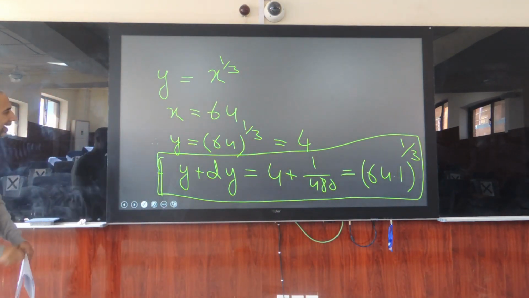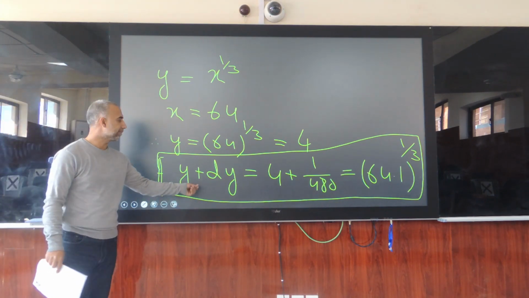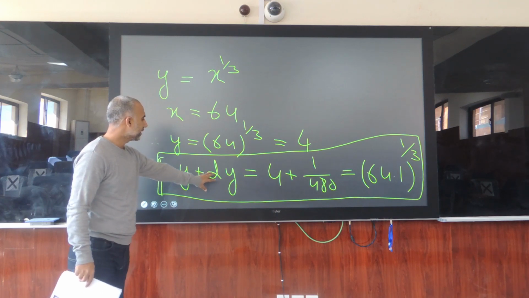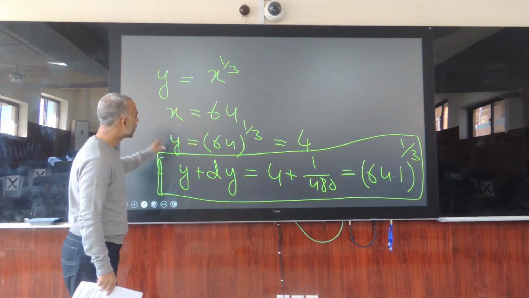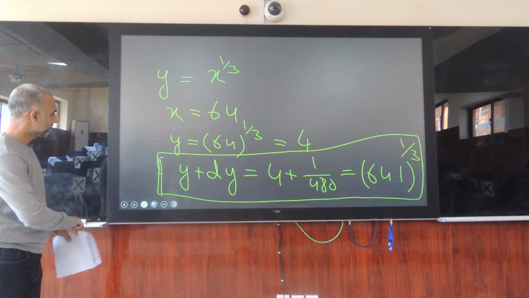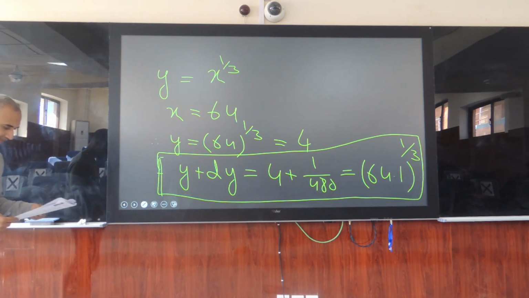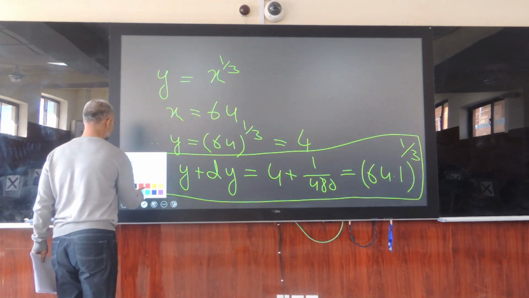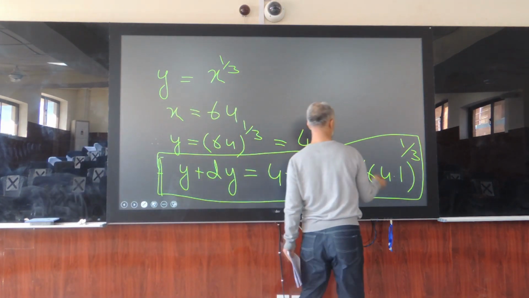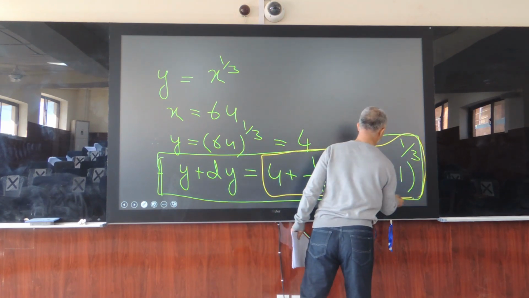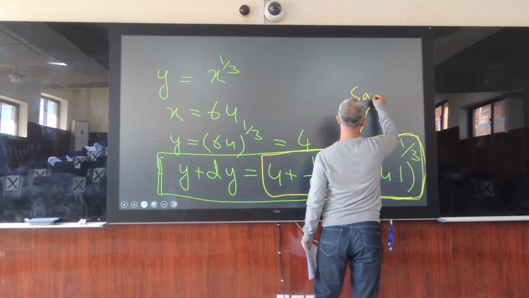So we concluded that in this example we deduced the value of the small increment in terms of the y-axis and the value of the small increment in terms of the x-axis. Thank you. Basically both are the same result.